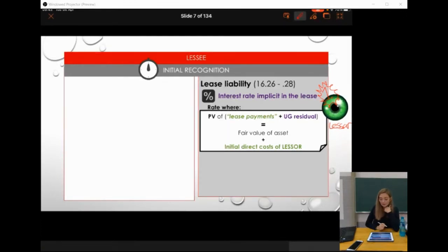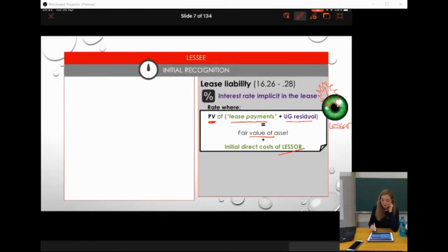We don't always have that information, because the interest rate implicit in the lease is the rate where the present value of all my lease payments, in terms of the lessor definition, not the lessee definition, plus the unguaranteed residual value, will equal the fair value of the asset plus the initial direct costs of the lessor.